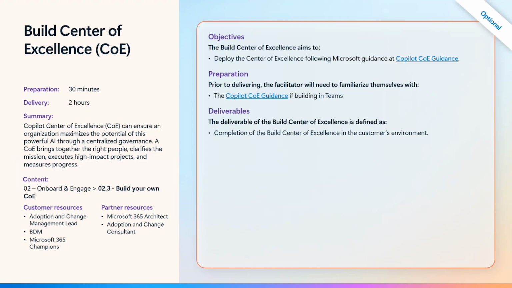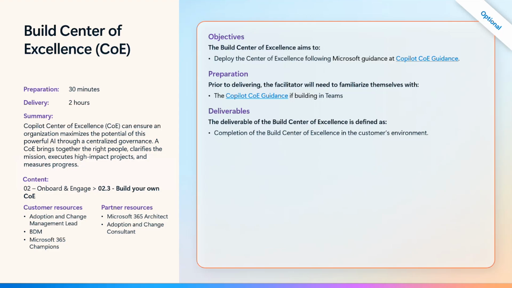It discusses the objective of deploying this center and the preparation required to ensure its success, including familiarization with Microsoft guidance. The center is very important because it's going to be where we train the trainer, especially when we are talking about the champions.